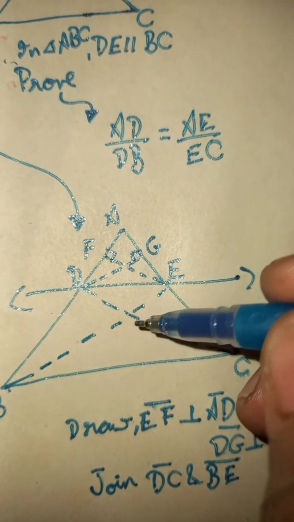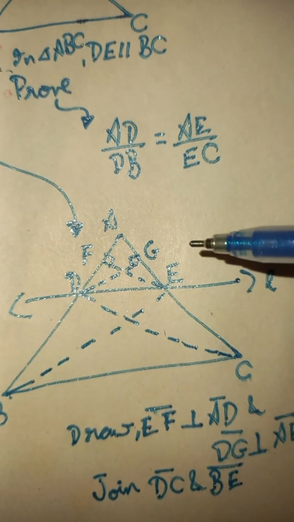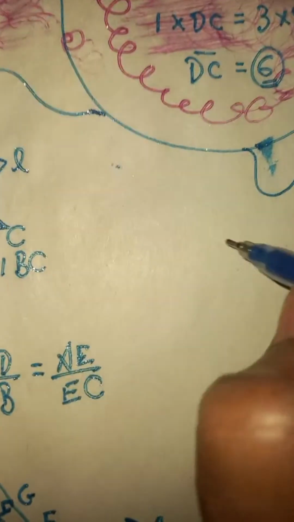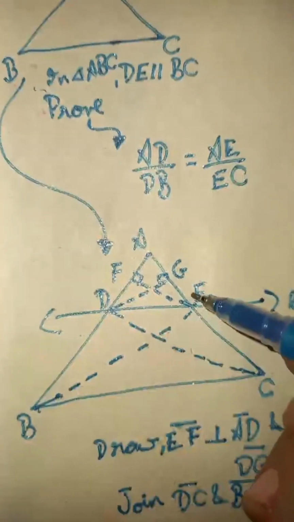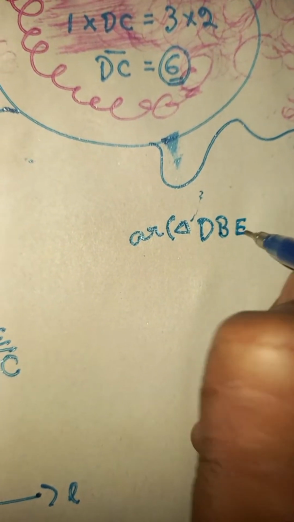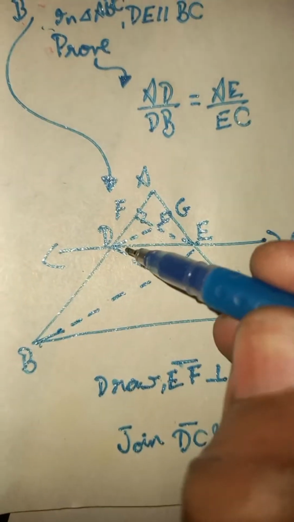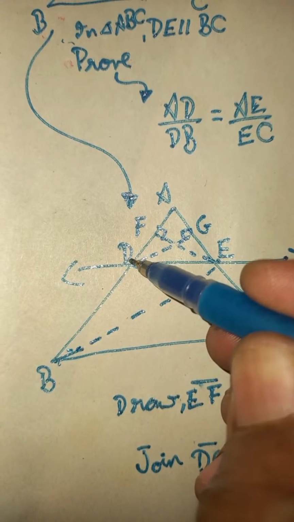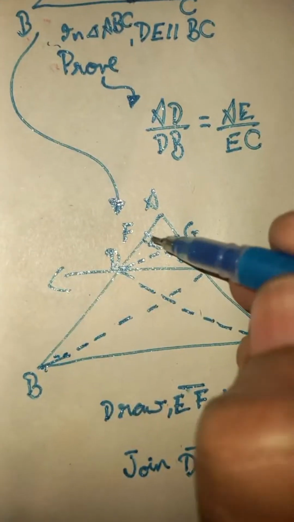If you take the area of triangle DBE, it can be written as half times the base, here the base is DB, times the perpendicular, that is FE.